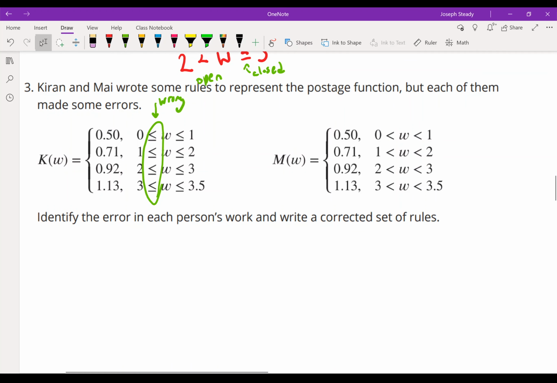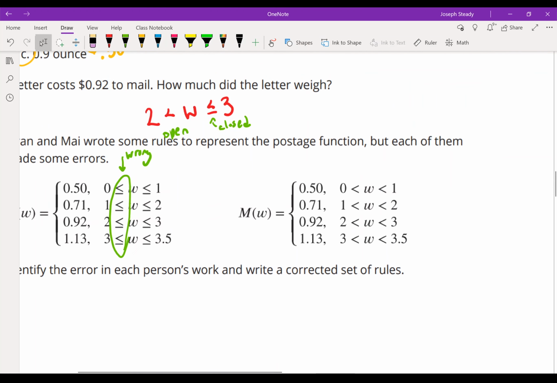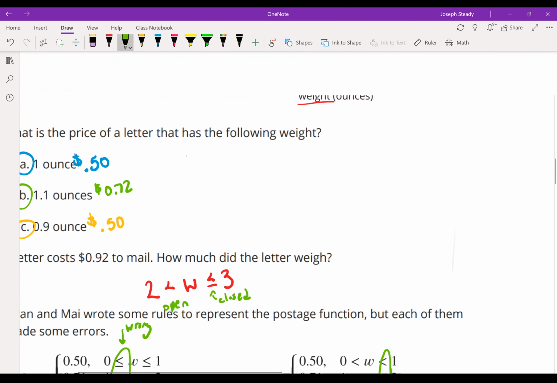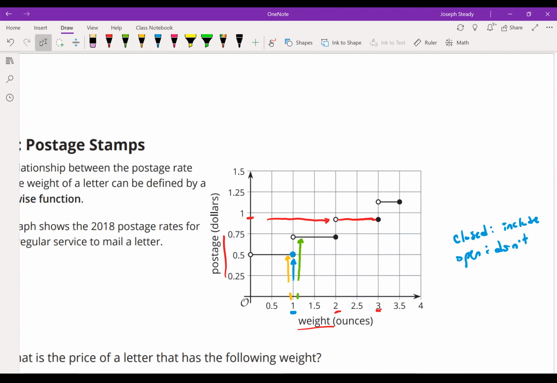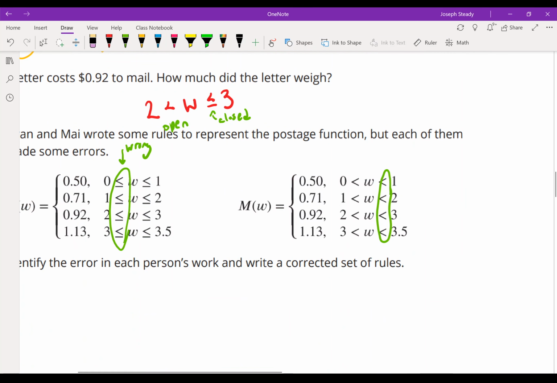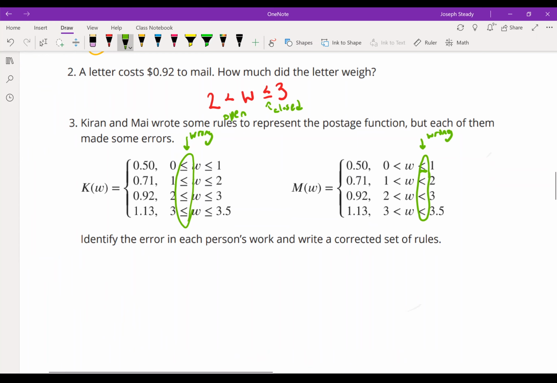And then for Mai, if we look at hers, well, the other end of the line, that 50-cent line, remember that was a closed circle right there. So 1 ounce should be included. This part here is wrong. Those should be less than or equal to symbols, not just less than.